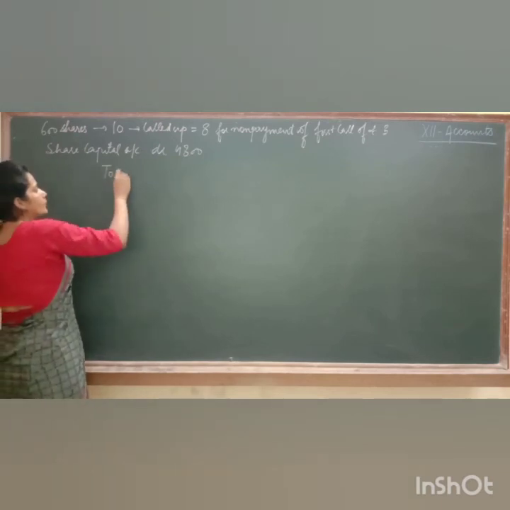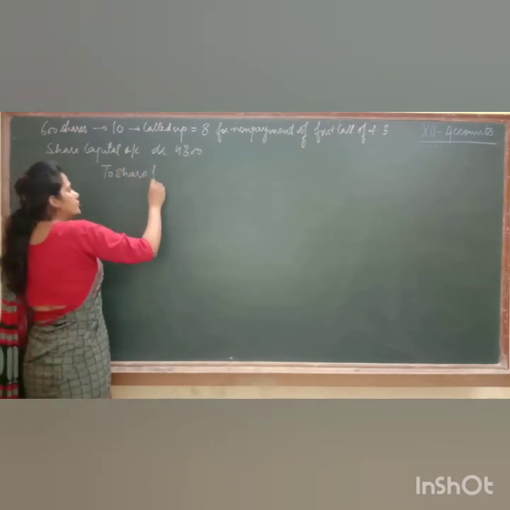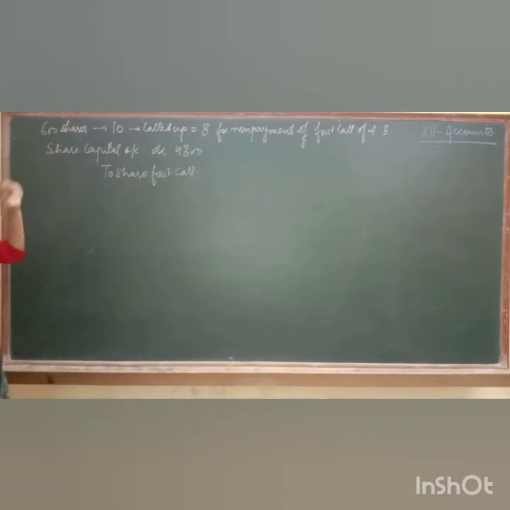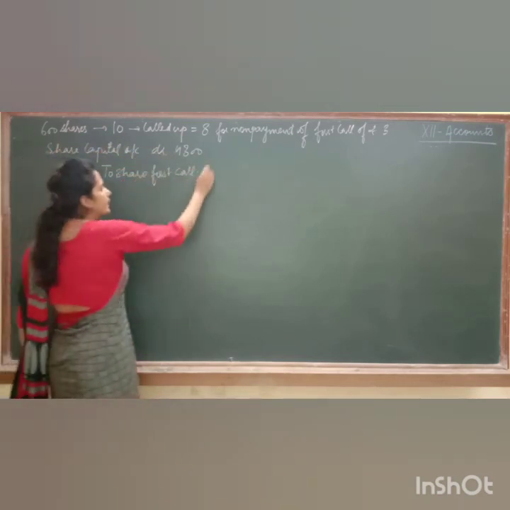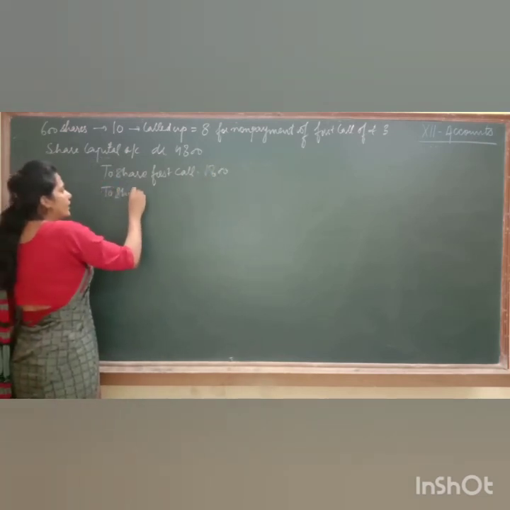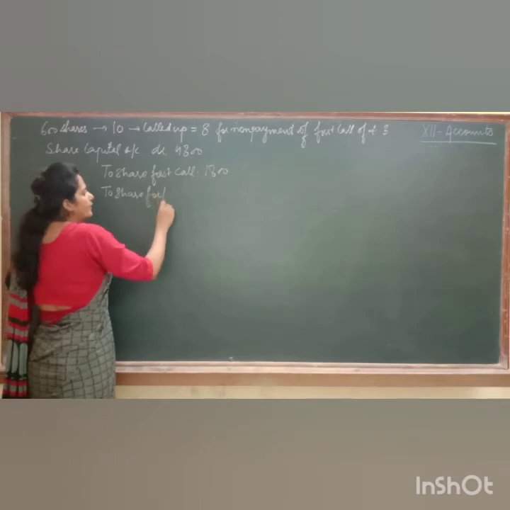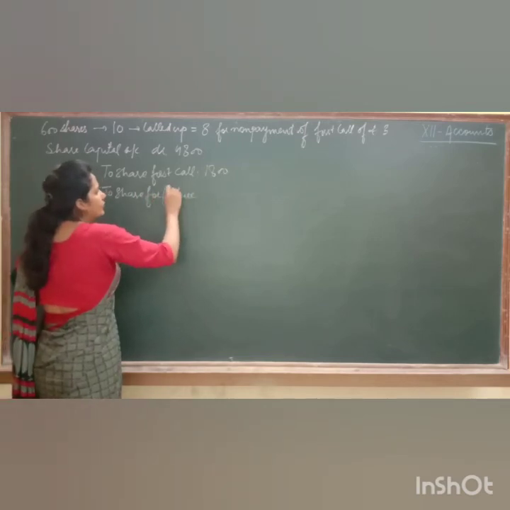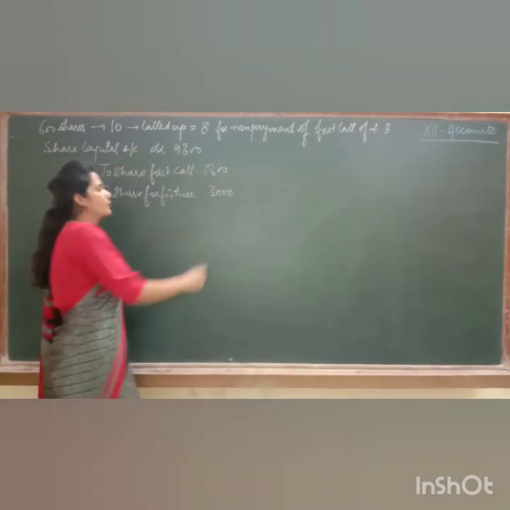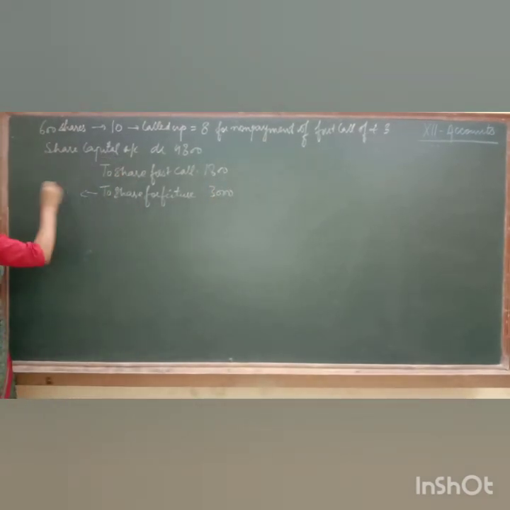For the non-payment of first call, it becomes 600 into 3, 1800, and the amount which we have received becomes profit on cancellation, to share forfeiture. 4800 minus 1800, that is 3000. So this becomes profit on cancellation of the shares.